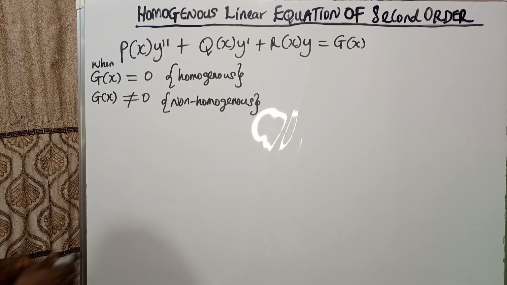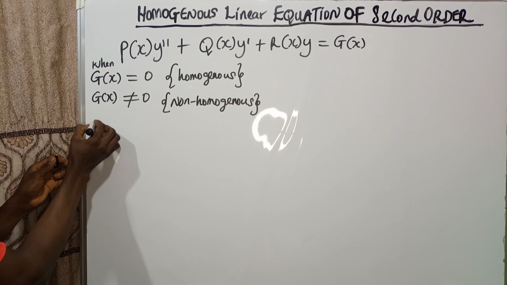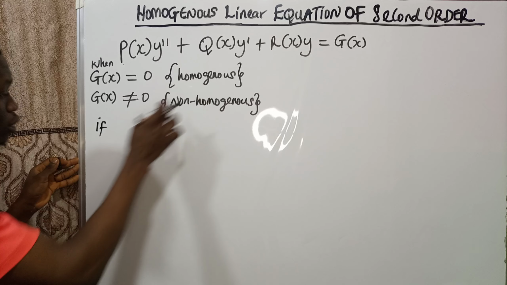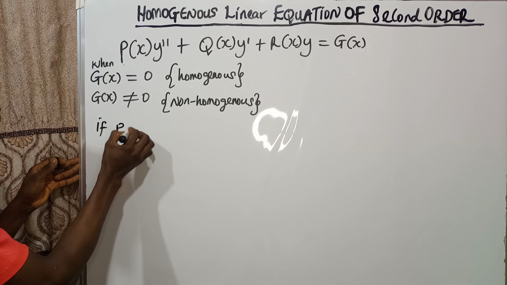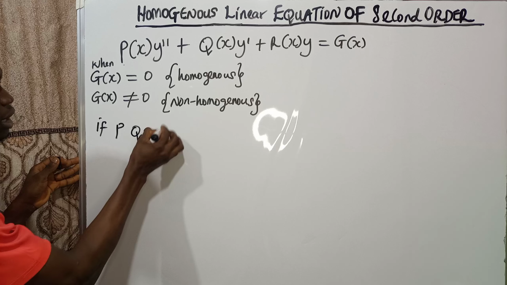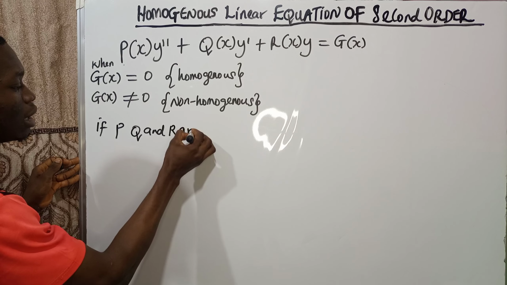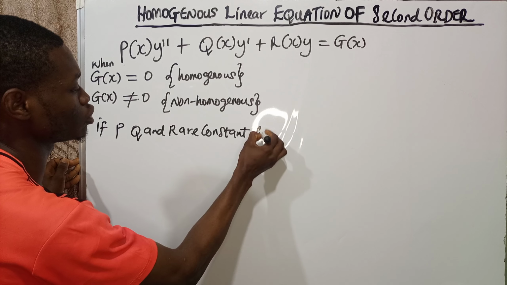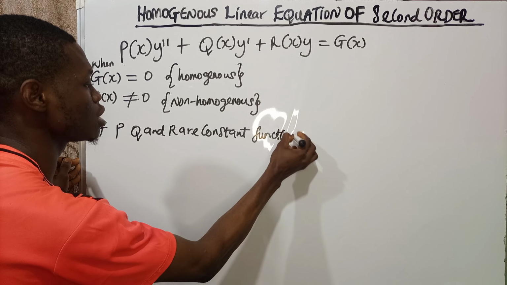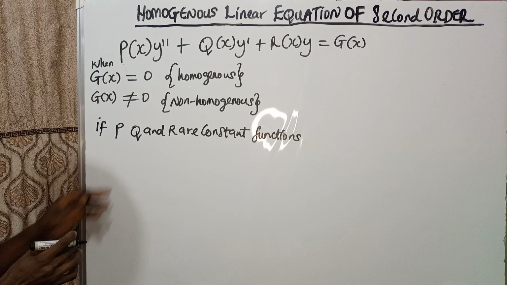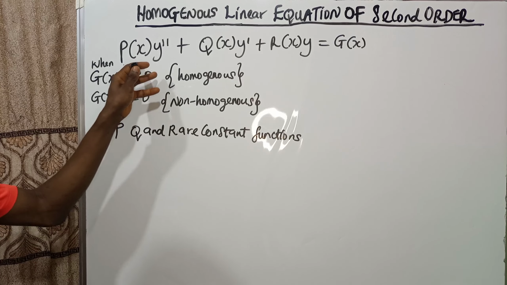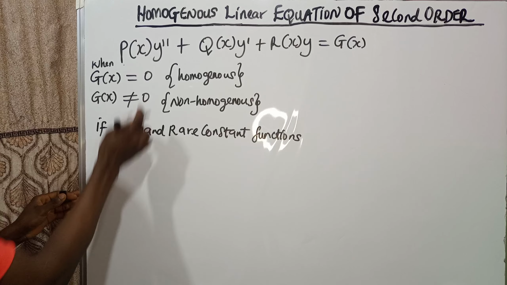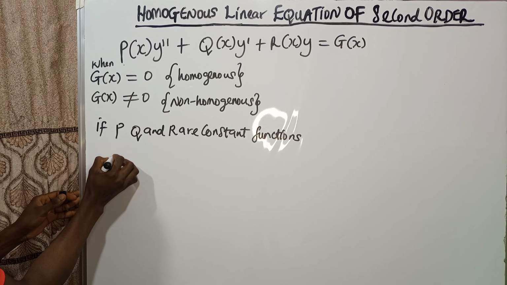So if P, Q and R are constant functions, we are going to replace them with a.